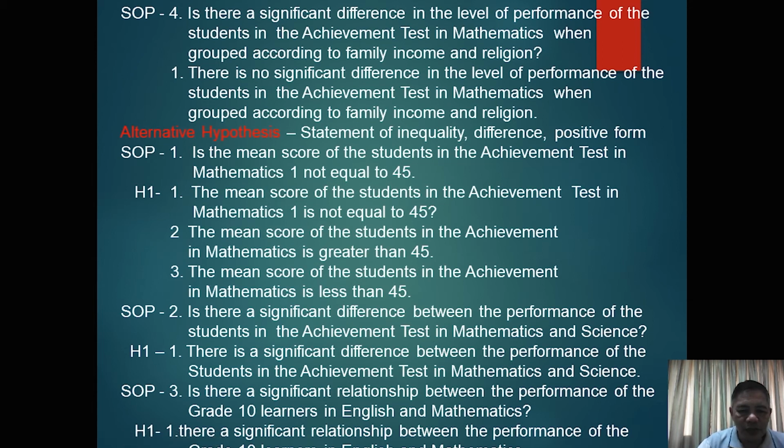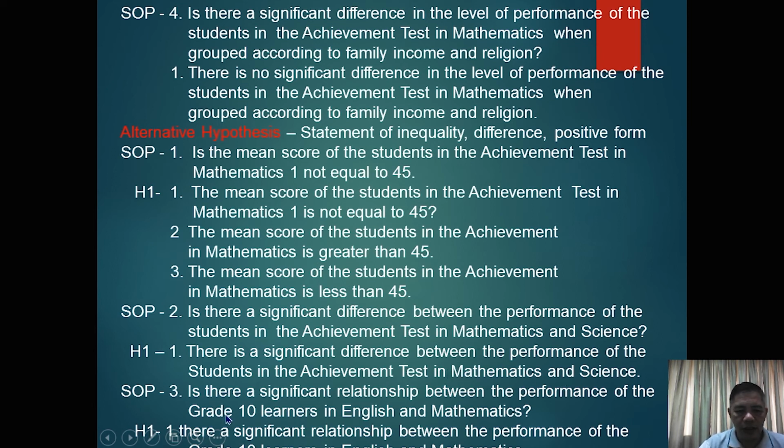Second specific question: is there a significant difference between the performance of the students in the achievement test in mathematics and science? There is a significant difference between the level of performance of the students in the achievement test in mathematics and science.